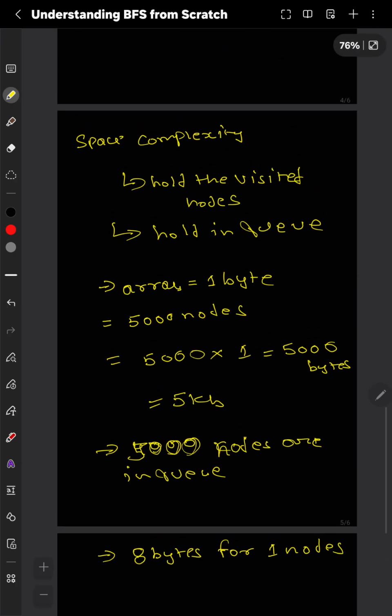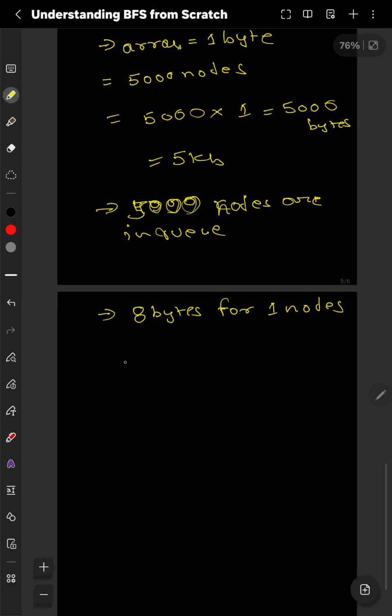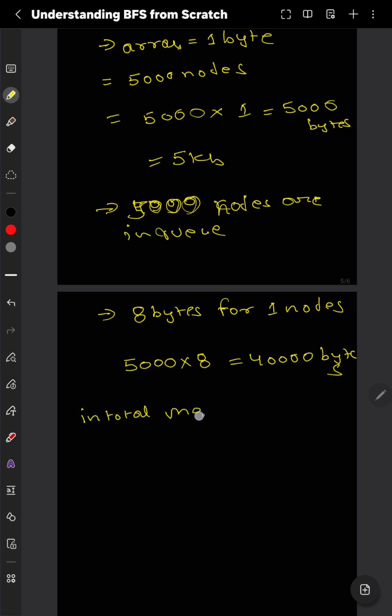So for 5000, we would require 5000 times 8, which is equal to 40,000 bytes. So in total the memory required is 5 KB plus 40,000 bytes, which is about 45 KB.